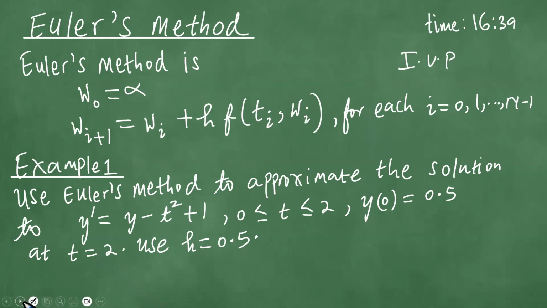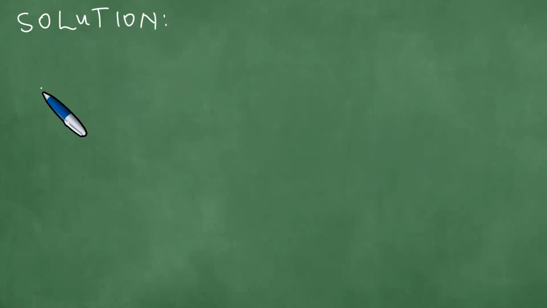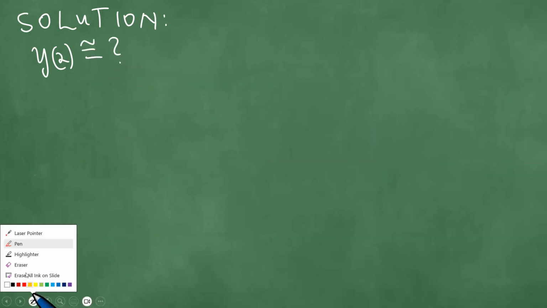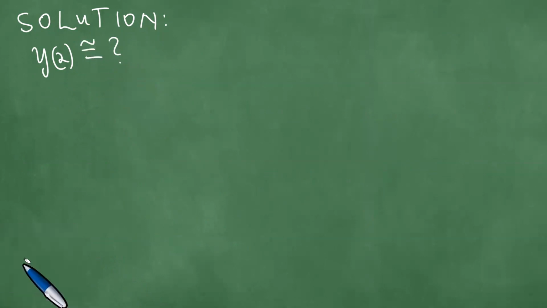So the solution to this problem is to say y at 2 is approximately what? That is the essence of this question, because we are interested in getting an approximate value.